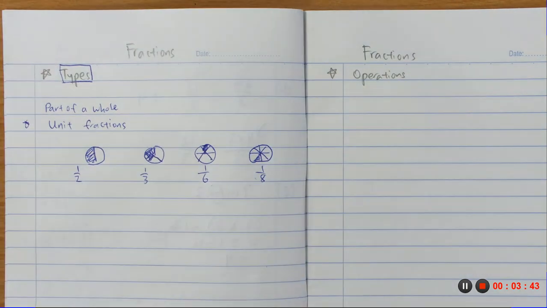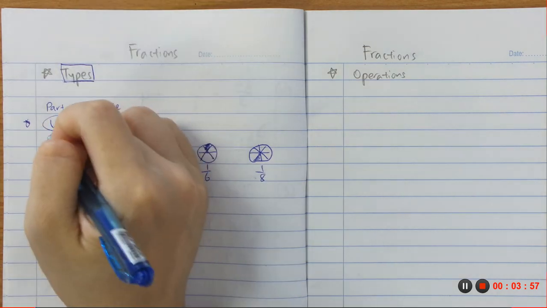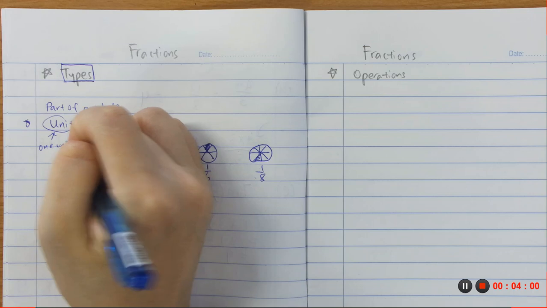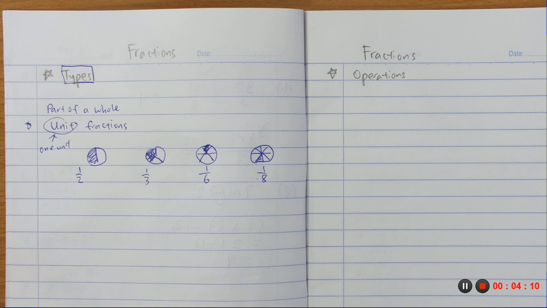Okay, have you figured out a pattern with regards to unit fractions? What is the numerator? Always 1. That's right. So unit fraction means it's always 1 unit out of how many parts? Is it okay? That's the first encounter.